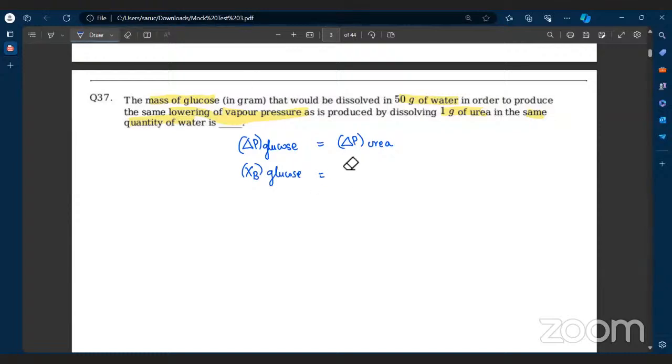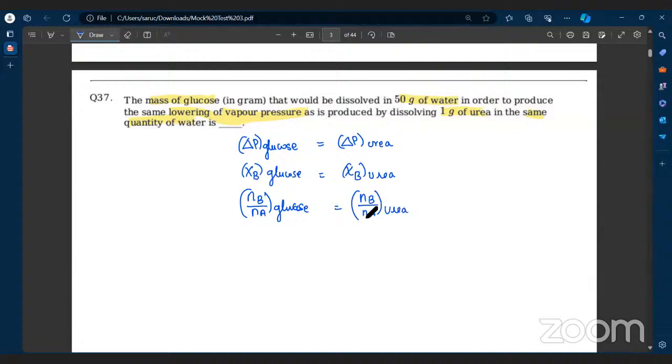Mole fraction is the number of moles of solute by the total number of moles, for glucose and for urea.